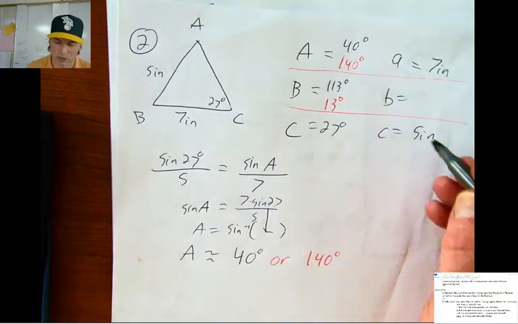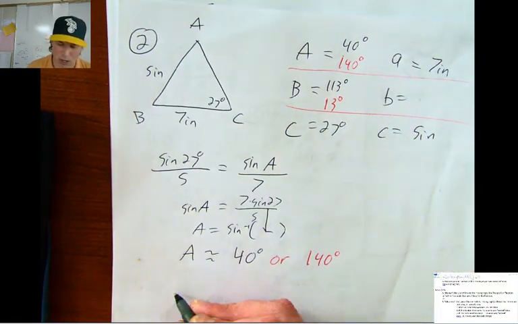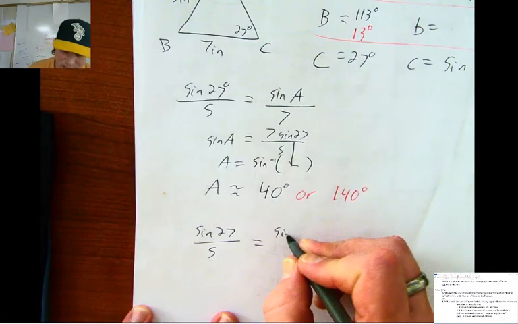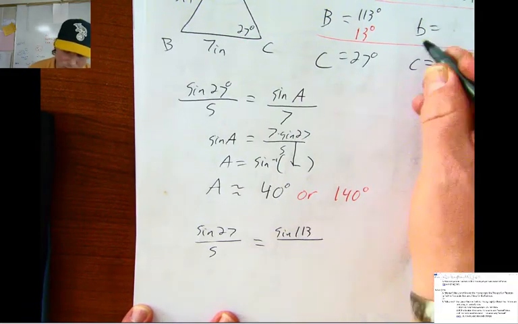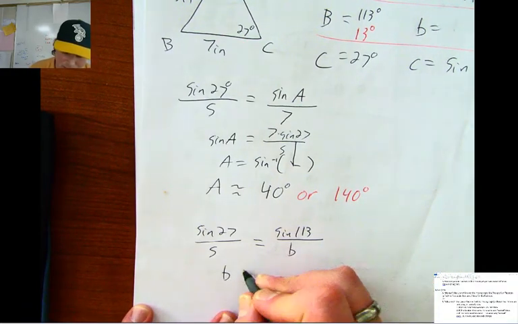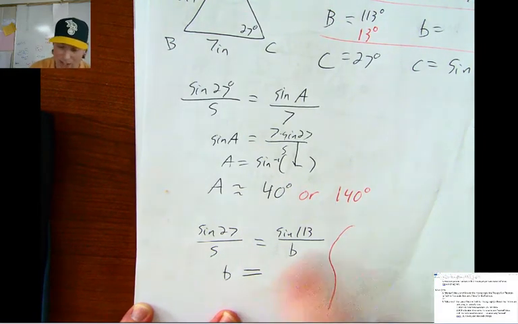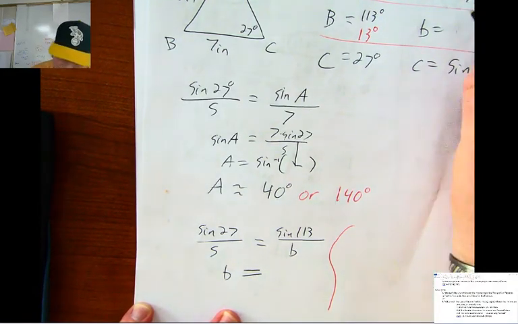So to find side B, I could go sine 27 over 5 equals sine 113 over side B, and I could find B that way. Well, I would do that to get this first answer.